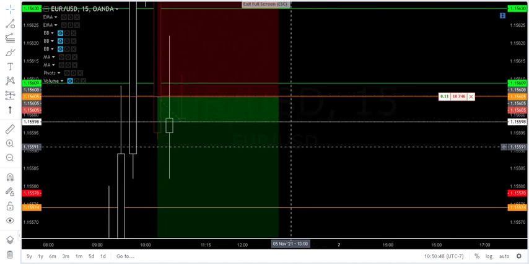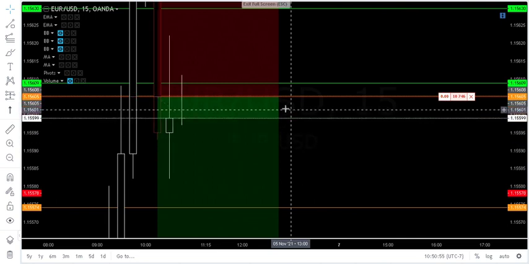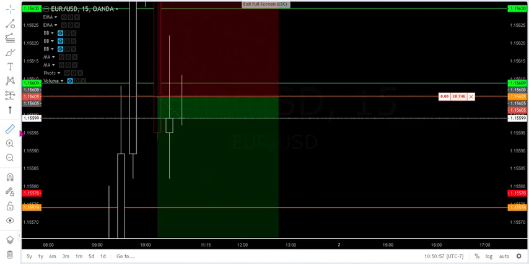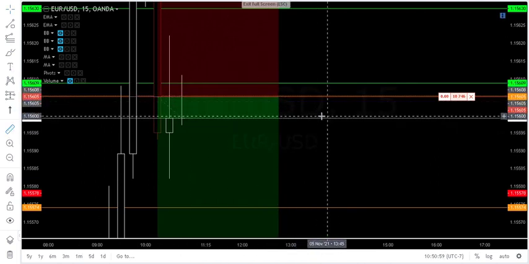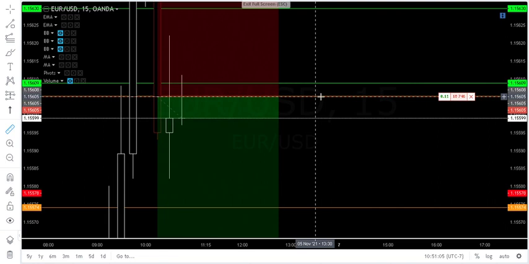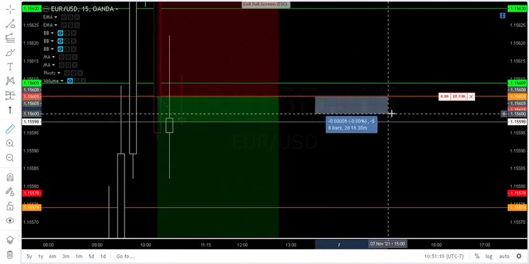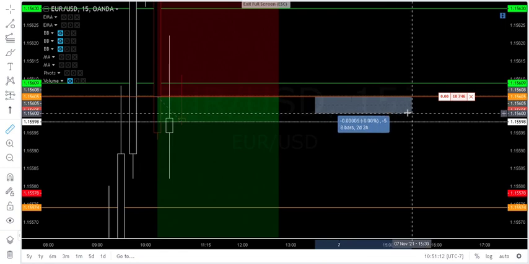$5.98. Okay, yeah, that's exactly where. Yeah, because right now, yeah, that's right. Just wanted to make sure. 605. Let me remeasure this. $5.98.